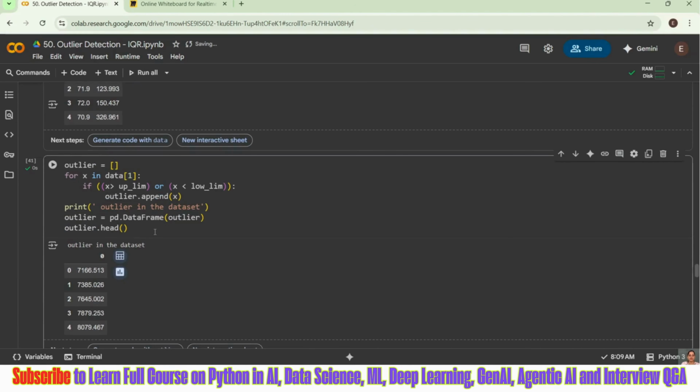Now is the step where I'm calculating my outliers. Outliers, again, what is the method, guys? We have to get the values which are greater than my upper limit or less than my lower limit. I have given my input, and what is the data I need? I need spending USD. So I have given data 1, which is going to take the spending USD of my array.